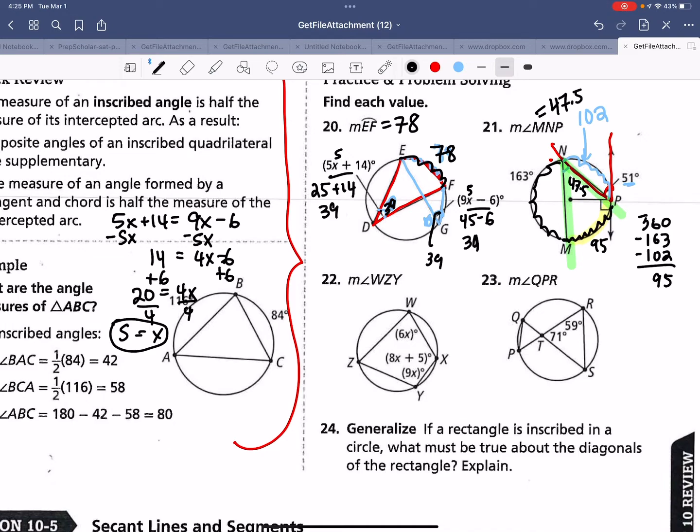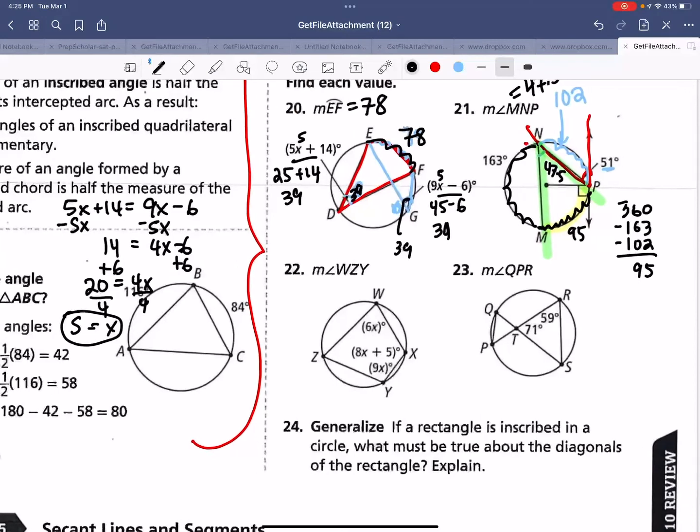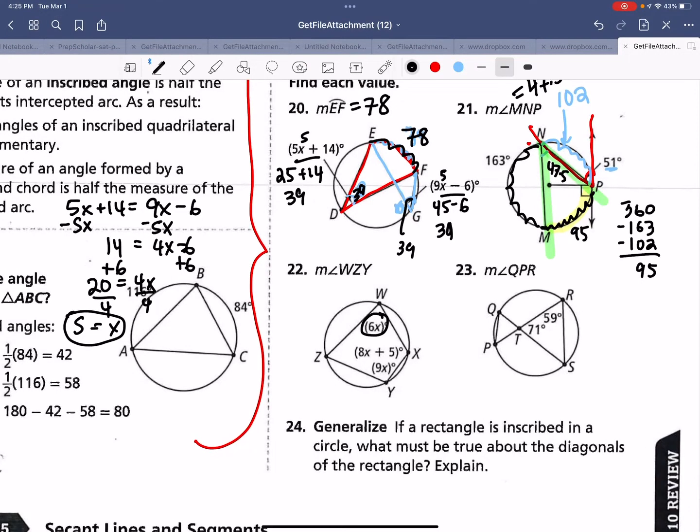Right? Cool. Now I gave you a shortcut on 22. I said these have to be angles opposite each other, have to add up to 180. Because if we think about this arc plus this arc has to add up to 360, so these two angles have to add up to 360.